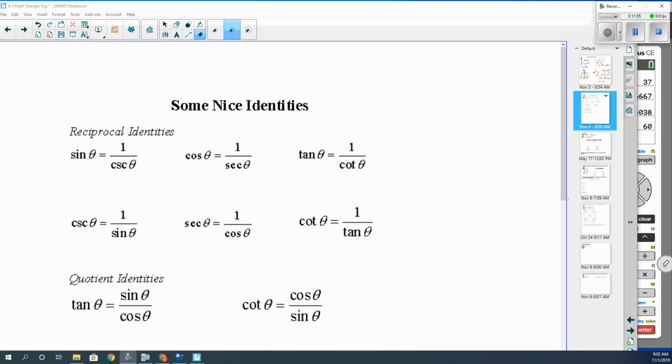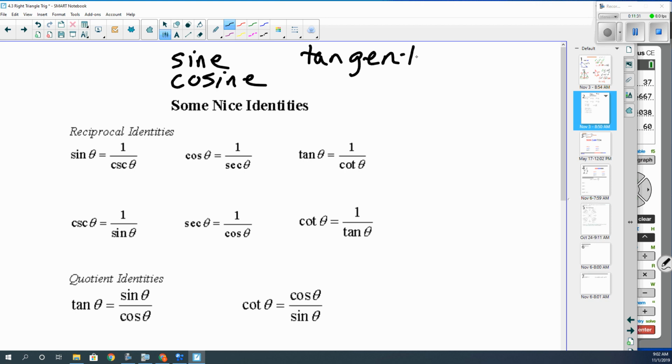And then sometimes people try to say sin instead of sine. The reason this is pronounced sine and not sin is it's really S-I-N-E. We just drop the E and use the first three letters. So it's sine, not sin. Cosine, we just use the first three letters. TAN is tangent, again we just use the first three letters.